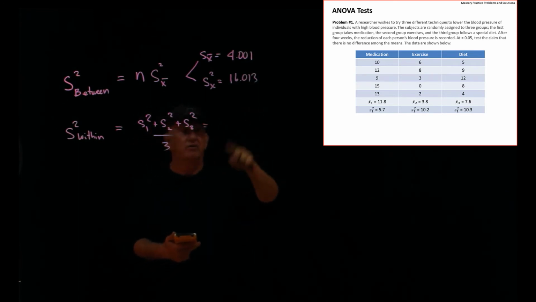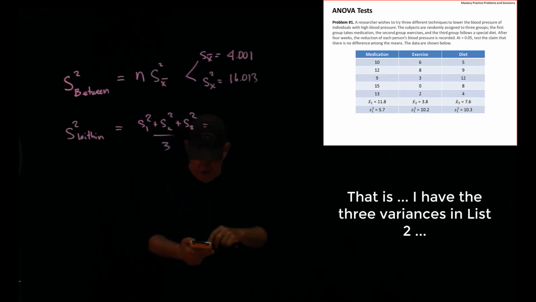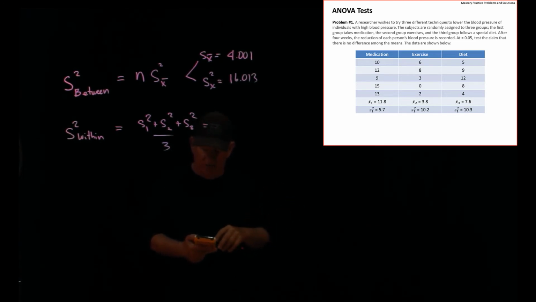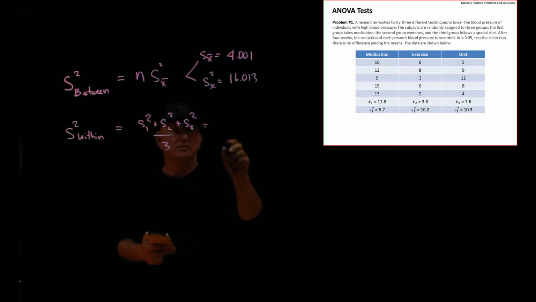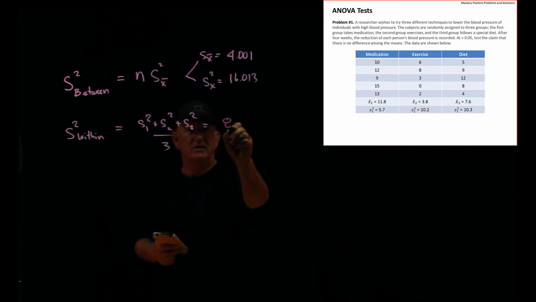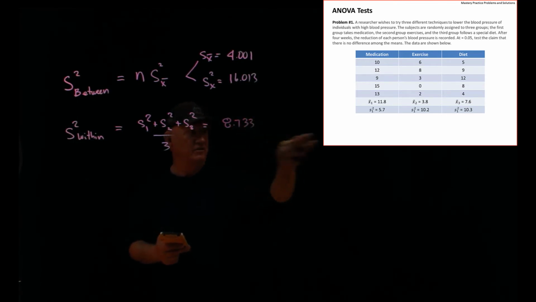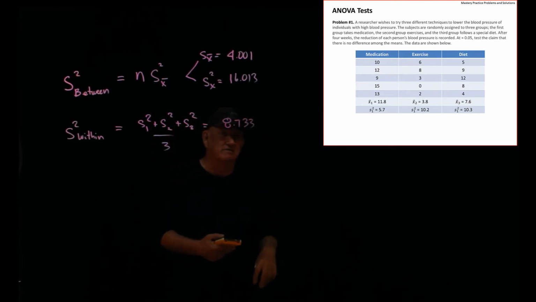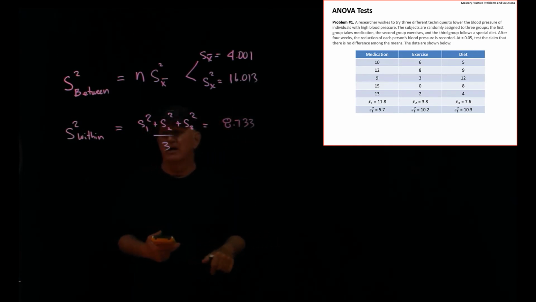Again, I have the 3 variances in list 2, so all I have to do is go back to stats, calculate one variable stats, tell it I'm in list 2, and when I run that, it will give me the mean of those numbers, and that mean is 8.733. And if you look at those 3 numbers, you've got some 10s, you've got some 5s. I believe that's right.